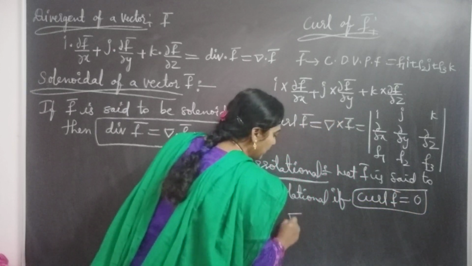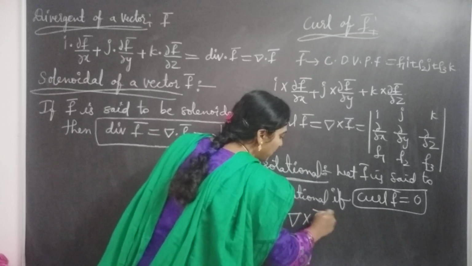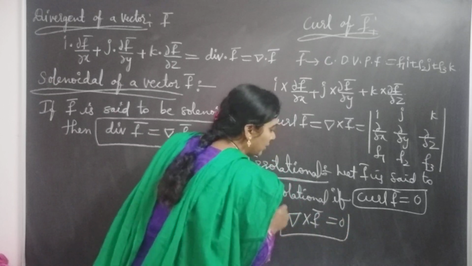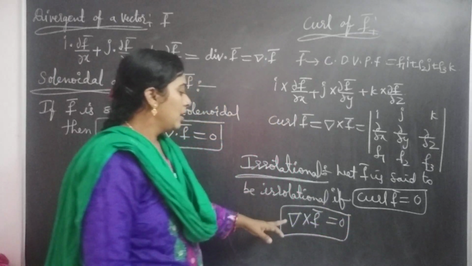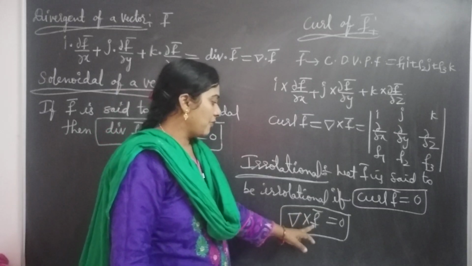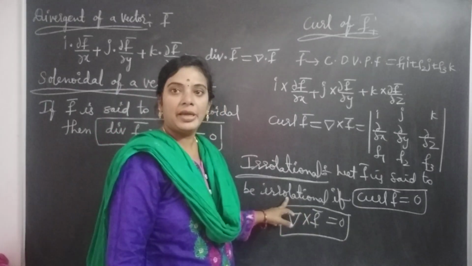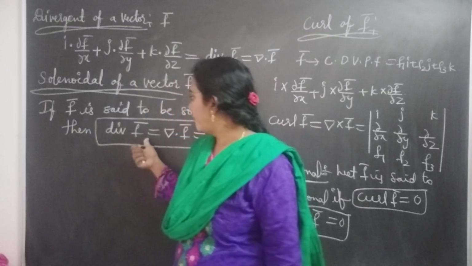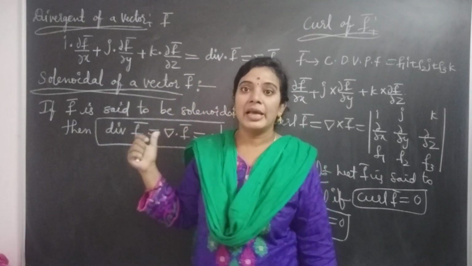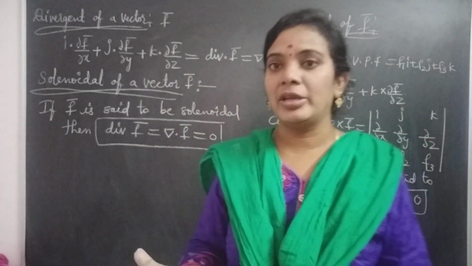That is, if del cross f bar is equal to 0, then f vector is said to be irrotational. If div f bar is equal to 0, then f bar is said to be solenoidal.